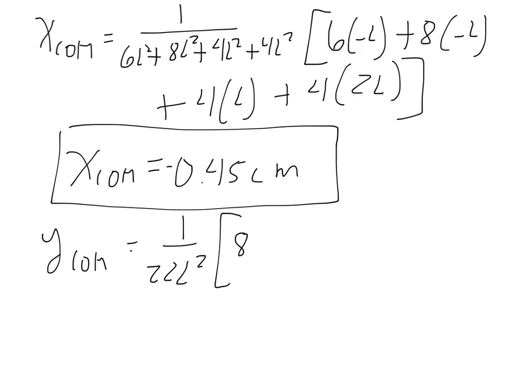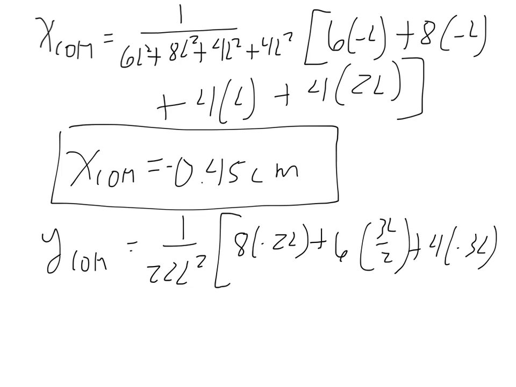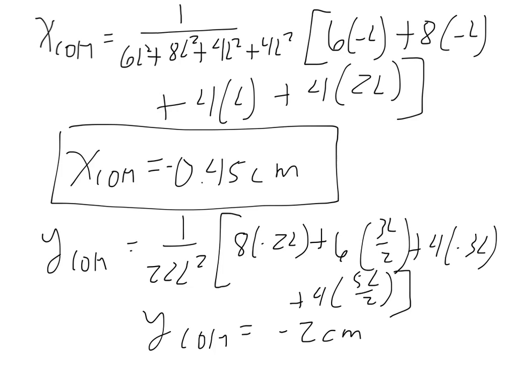That's going to be 8 times minus 2L plus 6 multiplied by 3L over 2 plus 4 times minus 3L plus 4 times 5L over 2. And finally, you get a y component of the center of mass equal to minus 2 centimeters.